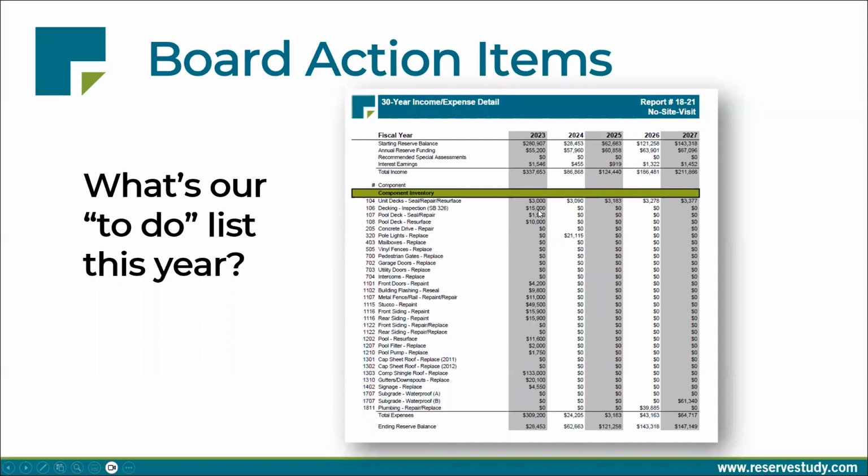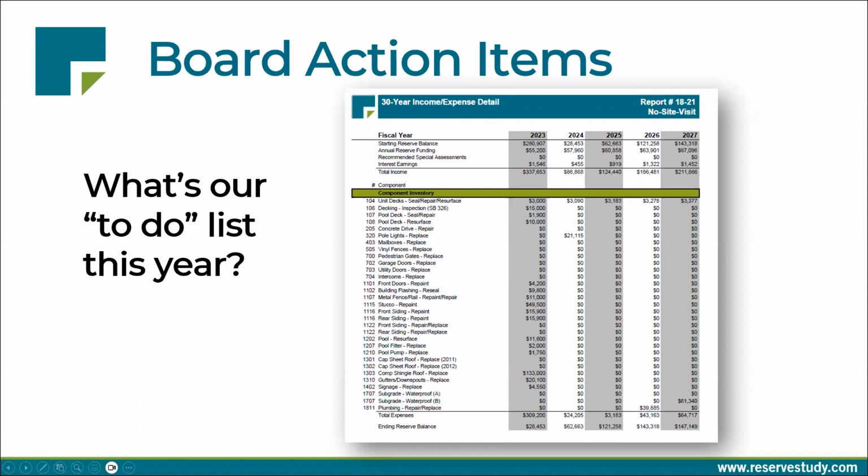And so in the first month of their fiscal year, they need to be starting their strategy, figuring out who's going to contact decking people, who's going to contact the siding people, who's going to contact the roofing people. And that's going to take some time. And so this is your assignment for what you're doing in the course of the year.